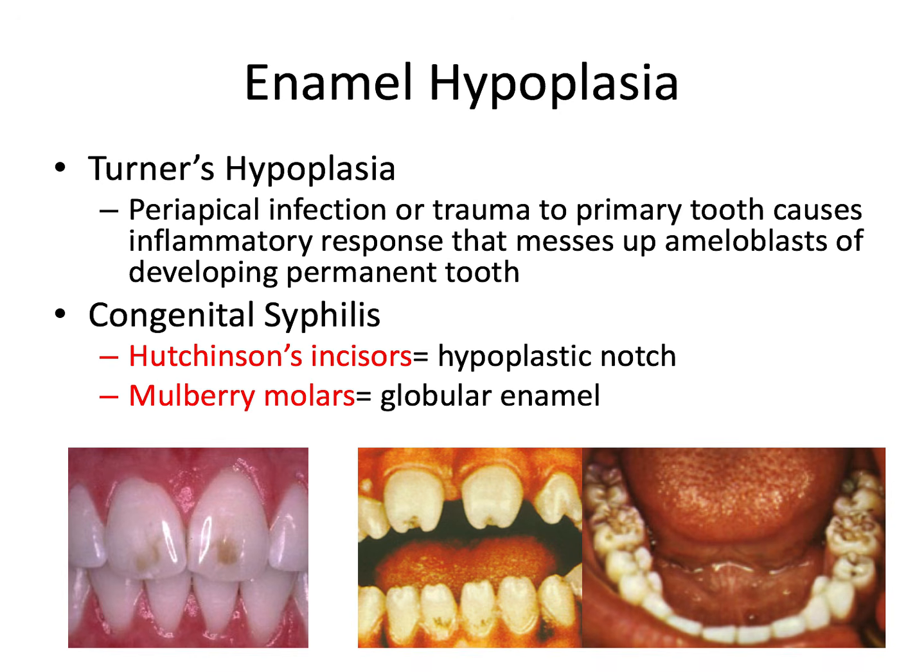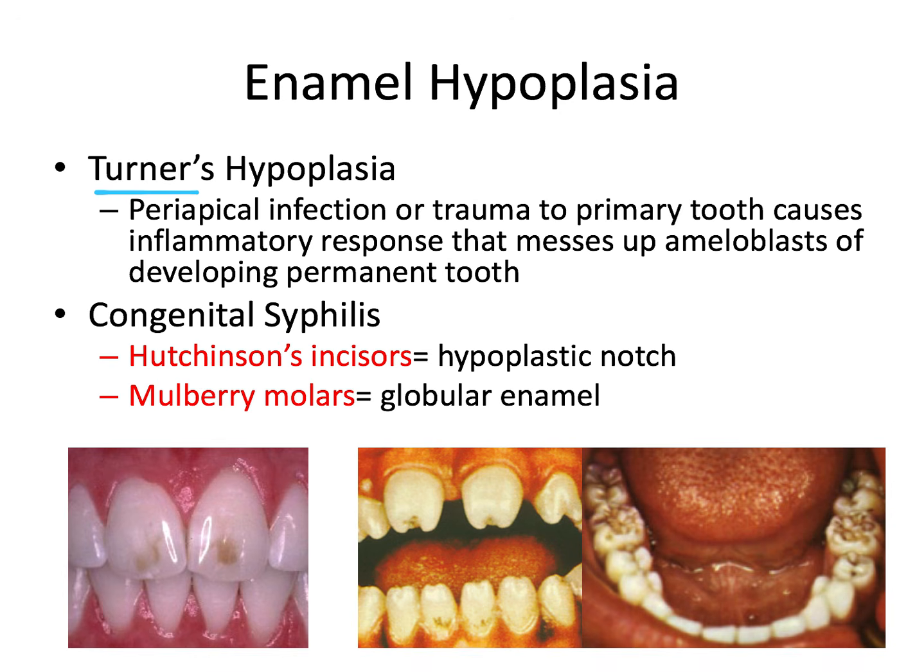disturbance during tooth apposition. Turner's hypoplasia. And I apologize for this definition, but I just wanted to include it because it's the best wording I could find. Periapical infection or trauma to the primary tooth causes an inflammatory response that messes up ameloblasts of the developing permanent tooth.